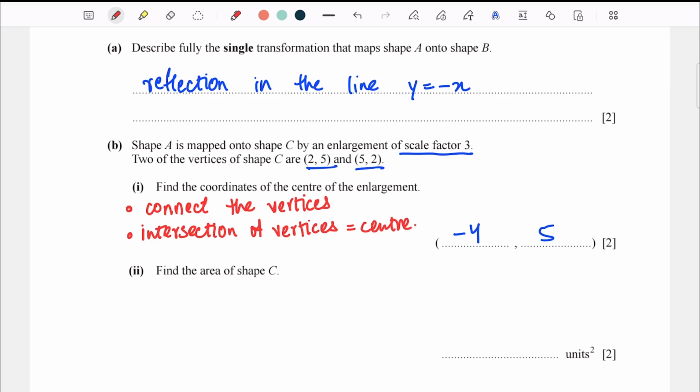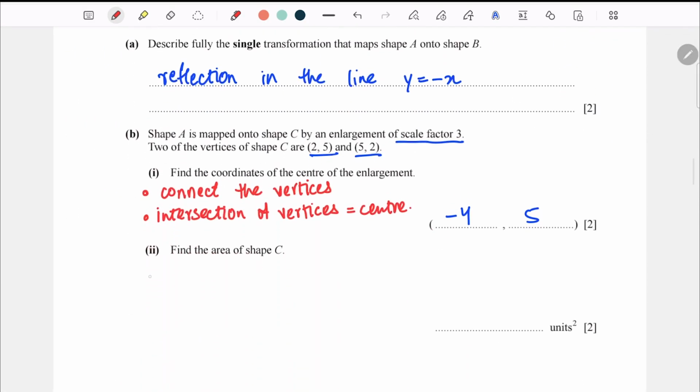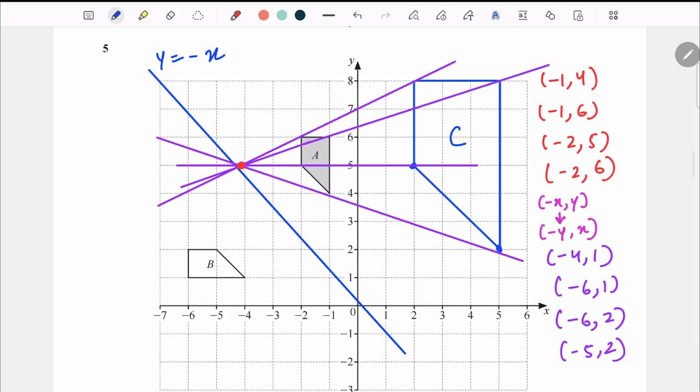Find the area of shape C. Shape C, we can see from the diagram, is a trapezium. So the formula for area of trapezium is half into sum of parallel sides into perpendicular height. Now here, this is one parallel side, this is the other parallel side, and this will be the height. So one parallel side measures up to 3, the other is 6.